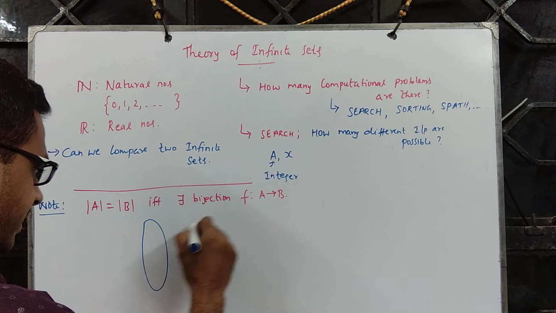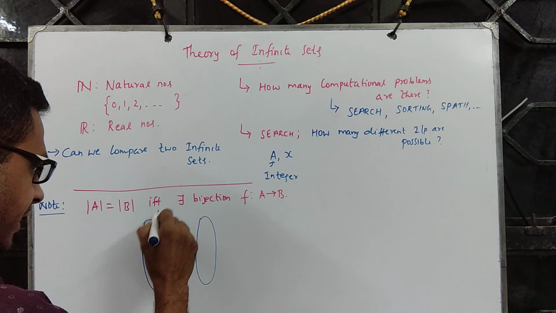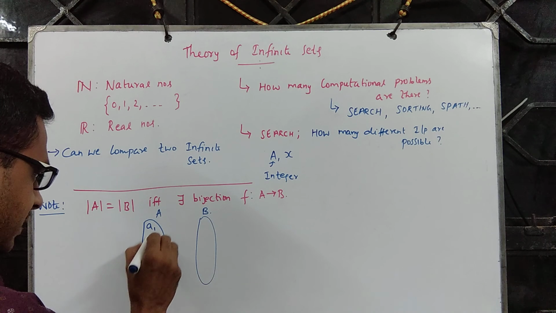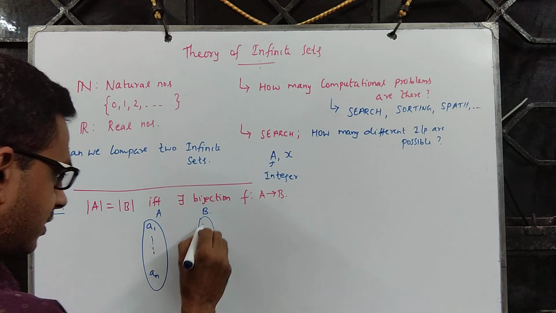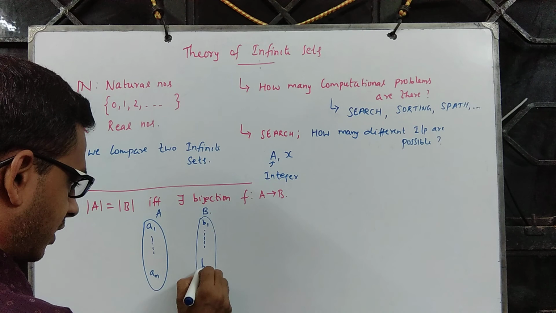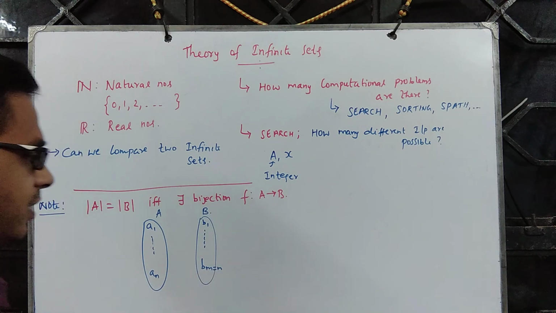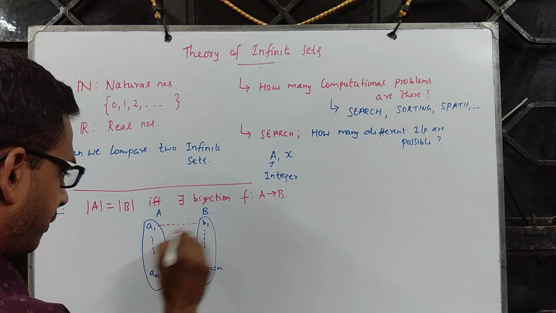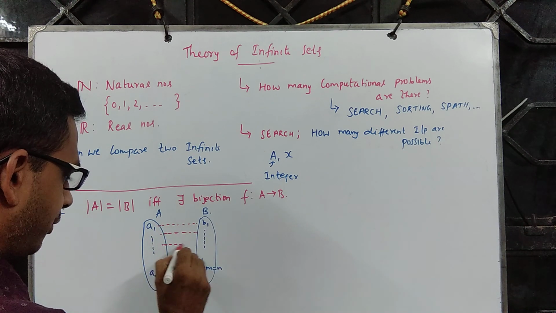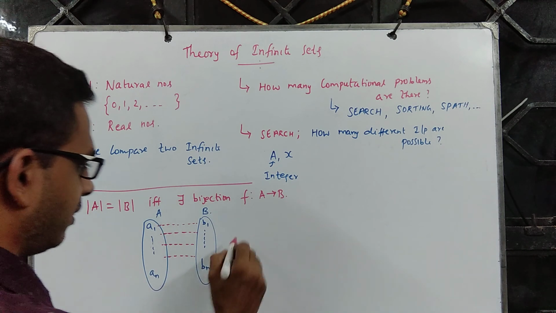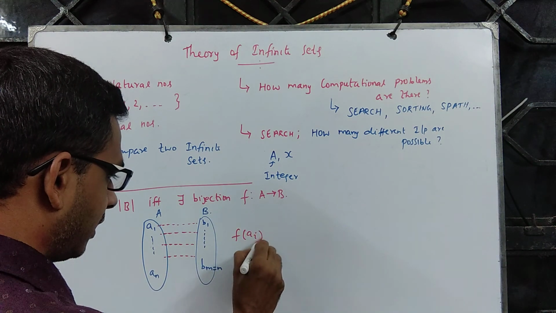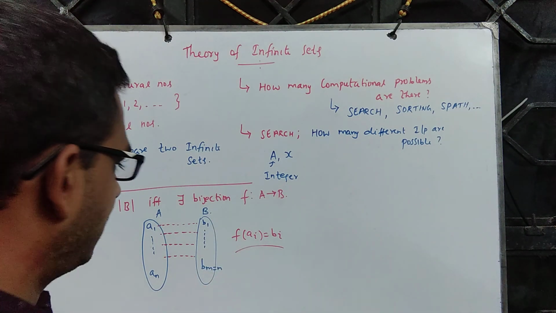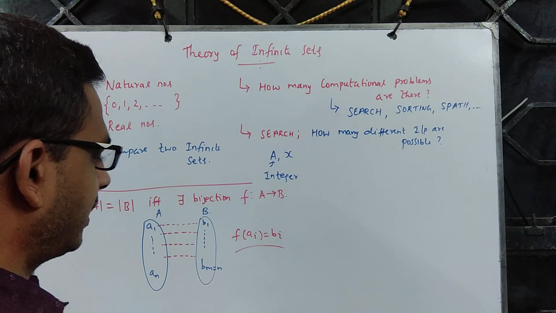If you have two sets, say A and B, and this has n elements, and even this has n elements, if they are of the same cardinality, then the simplest mapping that you can think of is you map A1 to B1, in general Ai to Bi. So f of Ai is mapped to Bi. This is a function which is one to one and onto.